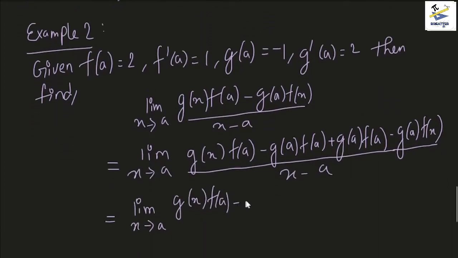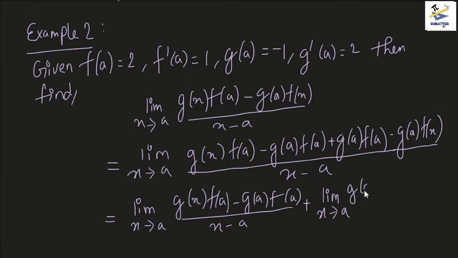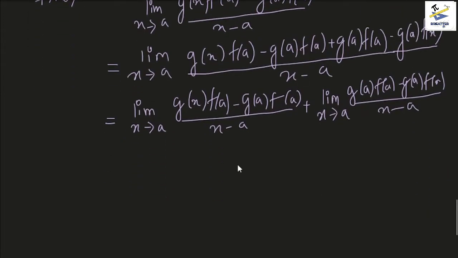So this becomes g of x into f of a minus g of a into f of a, divided by x minus a, plus another limit x tends to a, g of a into f of a minus g of a into f of x, divided by x minus a, right?